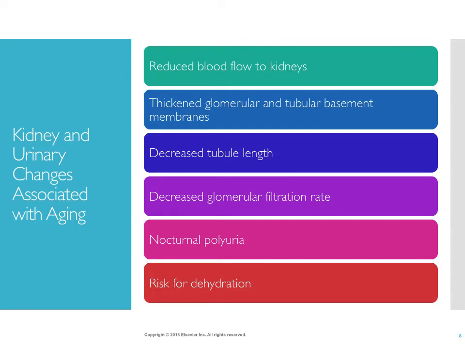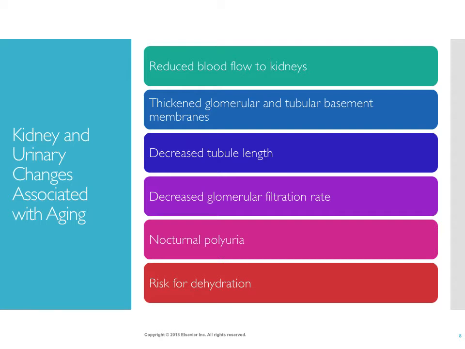Some of the things that we need to think about as far as the kidney and the urinary system and what happens as we age is that as we get older, there's less blood flow to the kidneys, which is one of the reasons why older people tend to have more problems with their kidney function. Also, the glomerular and tubular basement membranes become thicker.